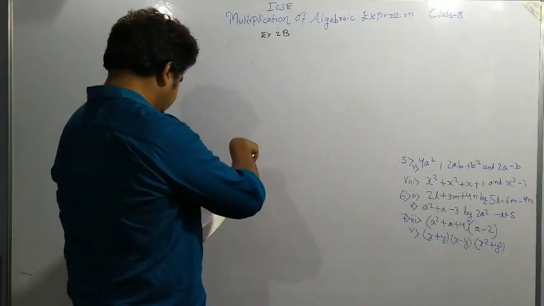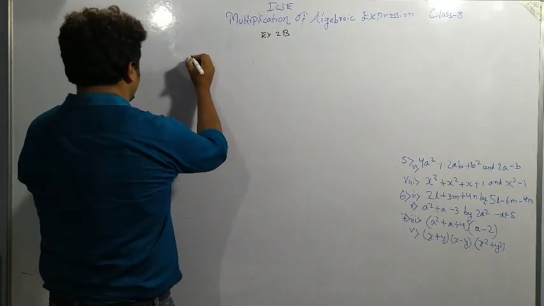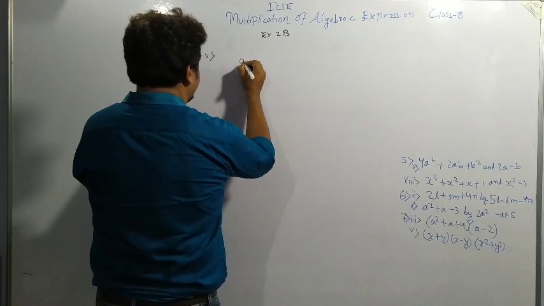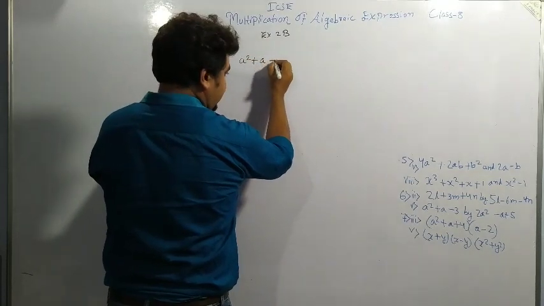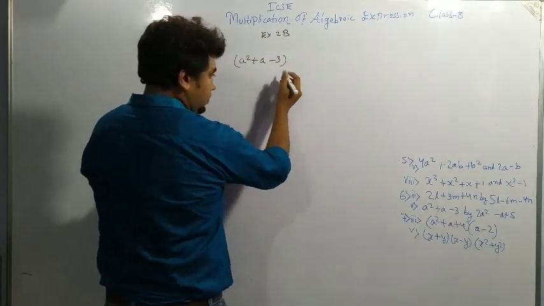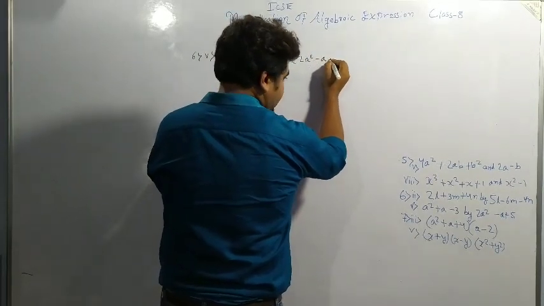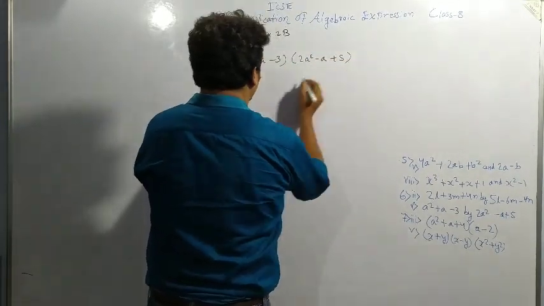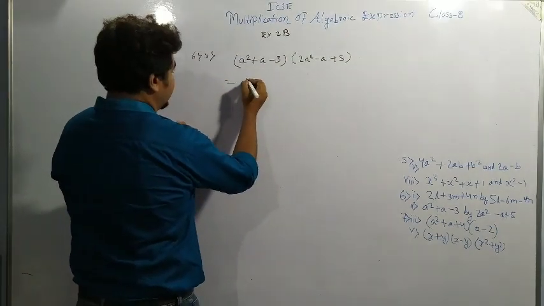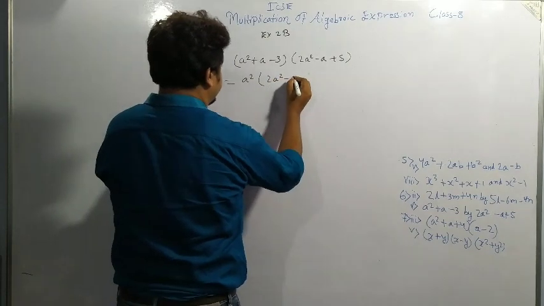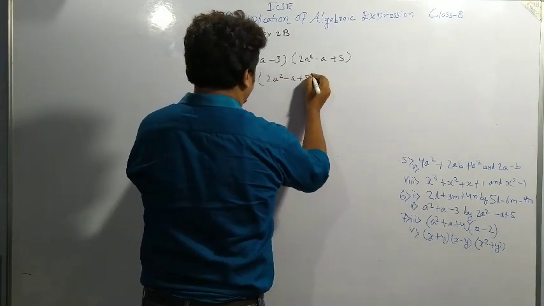So in the question it is given a square plus a minus 3 into 2a square minus a plus 5. This is given. So I will be writing here a square into 2a square minus a plus 5.